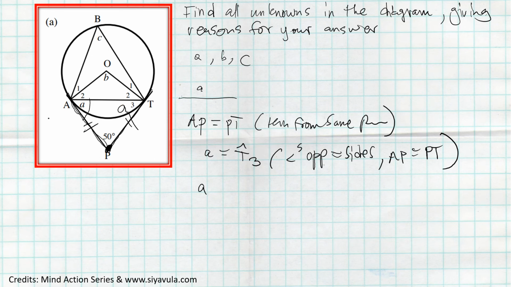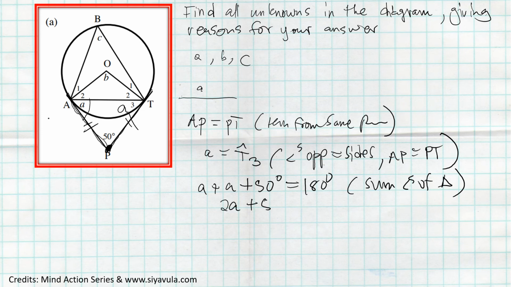So to solve for A, we can just add up those angles and equate to 180 degrees, because the sum of angles of a triangle is 180 degrees. So 2A plus 50 degrees is equal to 180 degrees. Then 2A will be equal to 180 minus 50 degrees, which is 130 degrees.